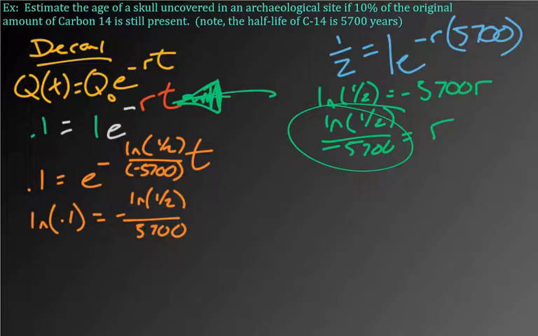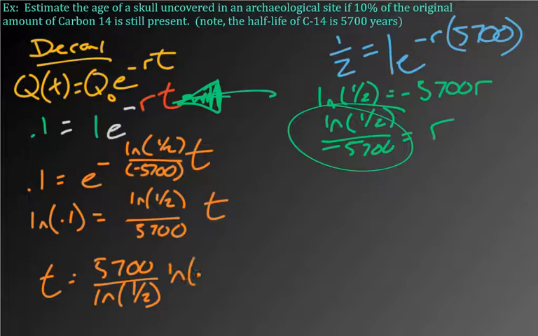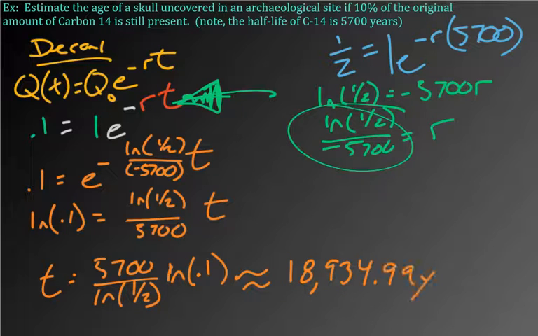Really, these negatives will cancel out, right? And then you've got a t. And so now you could multiply by the reciprocal, and the t would be exactly 5700 over natural log of a half times natural log of 0.1. And this is about 18,934.99 years.